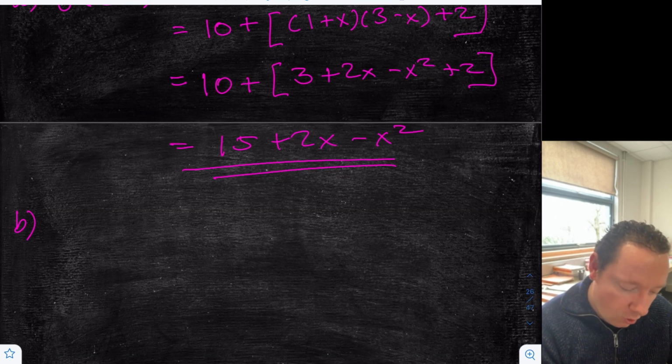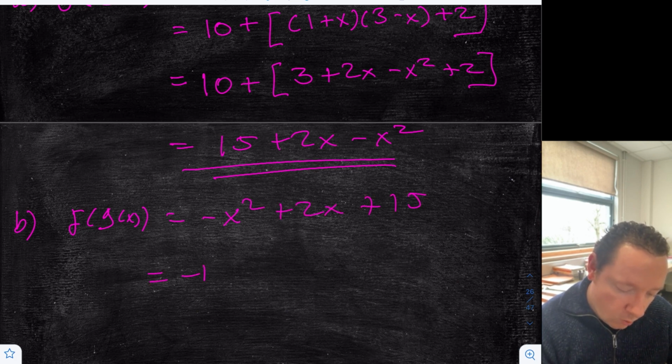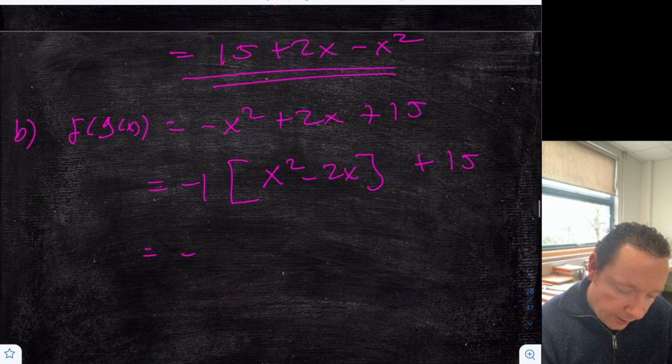Part B, I've got f of g of x equals minus x squared plus 2x plus 15. So taking minus 1 out as the common factor of the first two terms, I get x squared minus 2x. I've still got plus 15 on the end. So that gives me minus 1 times (x minus 1) squared, half the middle term, and then take away minus 1 squared.